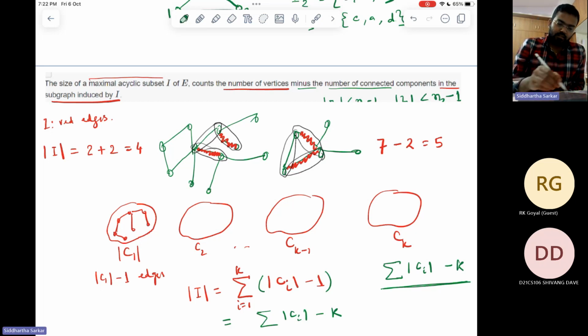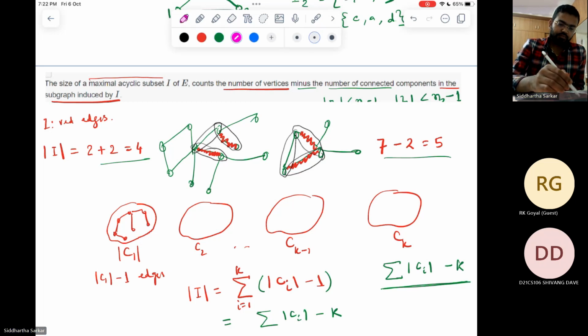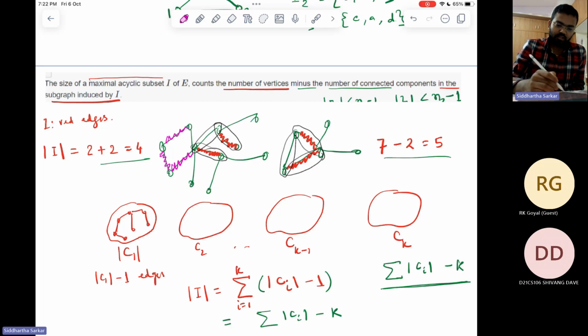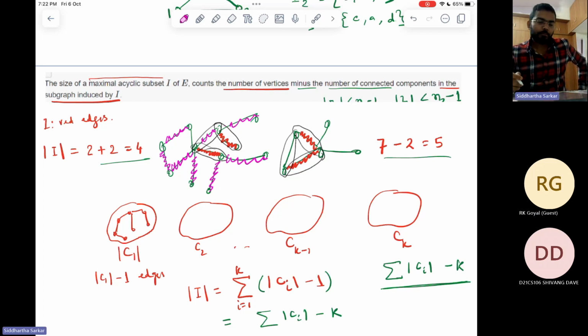In this case, the numbers were differing because I was not a maximal acyclic subset, because we could add other edges to I. So this is also possible to add, and this is also possible. It was a good exercise for us to do.